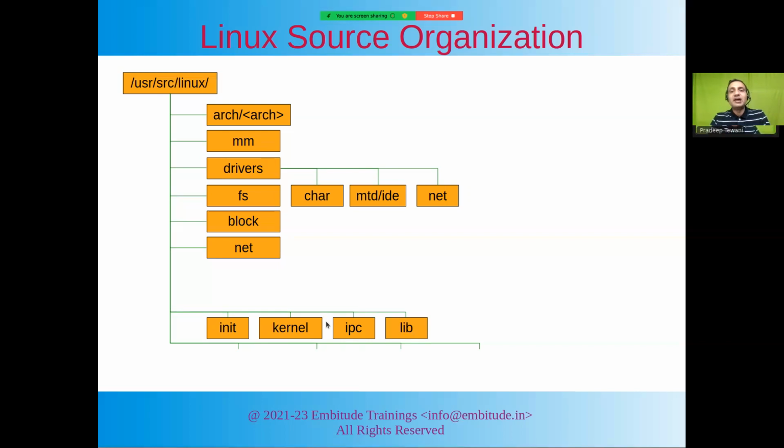Now, moving on, another part you have over here is lib. As the name suggests, lib stands for library. All the commonly used functions, for example strcat, strtok, and all those kind of functions, are placed under the lib folder. Now over here, you might have a query: why do we need to include lib here when we have it in user space?